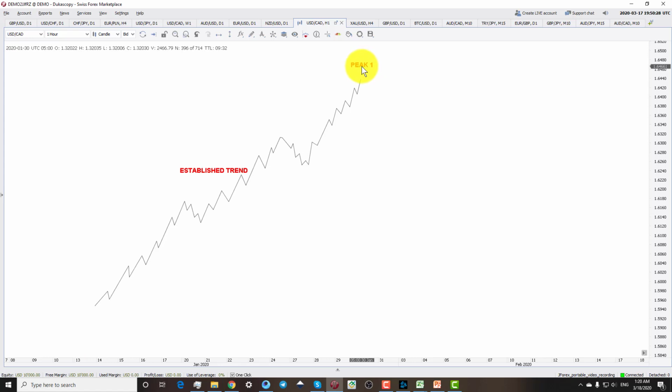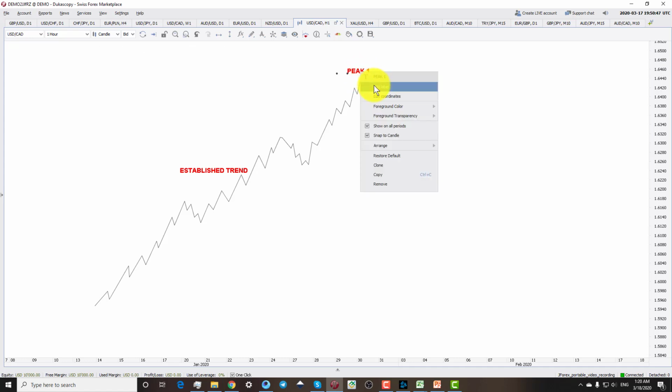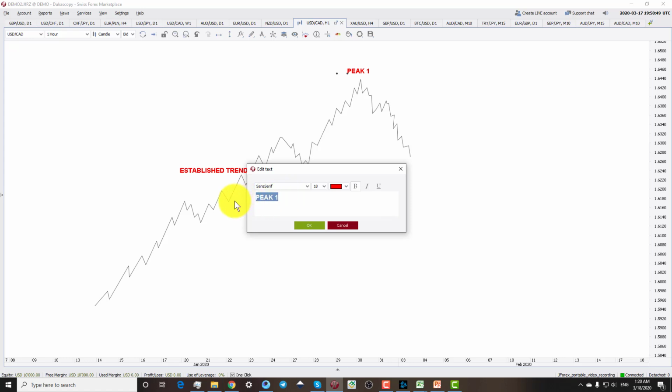So when there is a considerable correction from a peak, then that peak is called a shoulder. So we will now rename it as shoulder left. Fair enough.